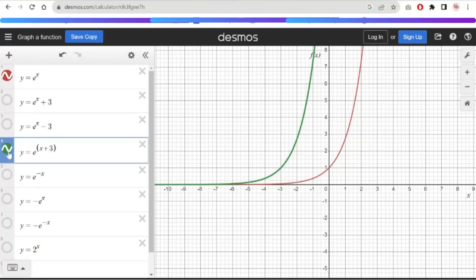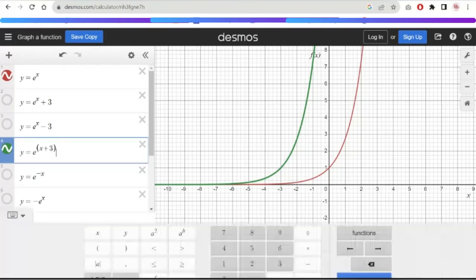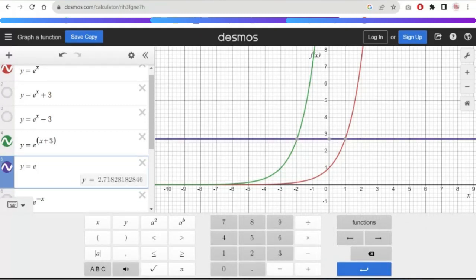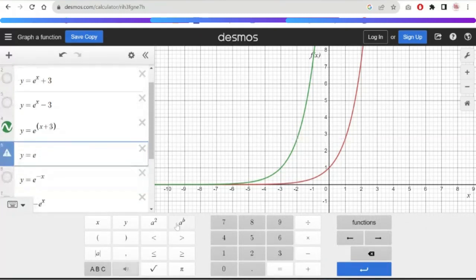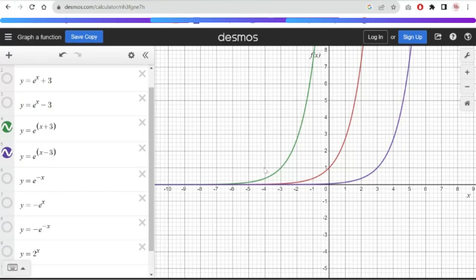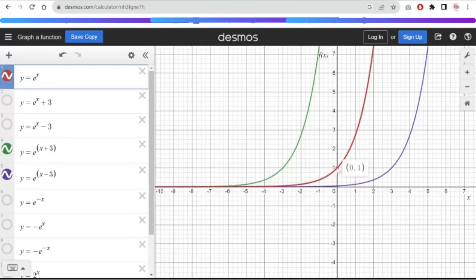Okay. Next kalau kita ada negatif dia. So y equals to e to the power of let's say kita gunakan x minus 3. Saya gunakan nombor yang sama supaya kamu nampak dia bergerak ke mana. So tadi 1. So kita punya asymptote masih lagi sama.